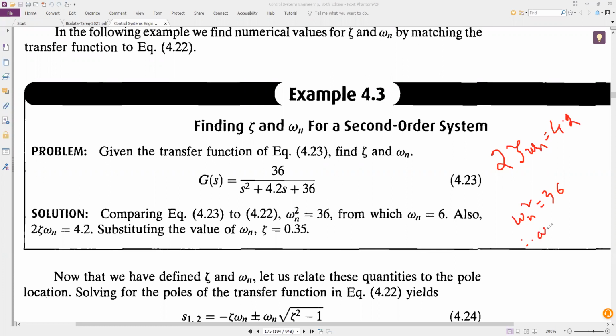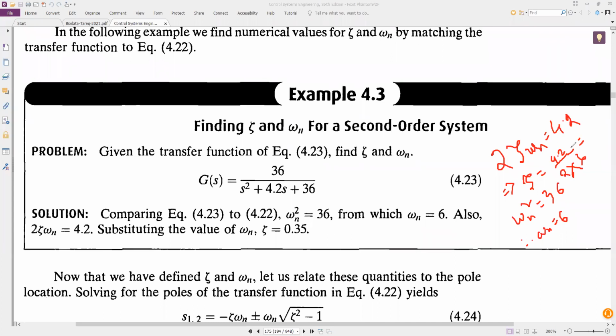So omega n would be 6. Now put here zeta is equal to 4.2 divided by 2 times 6.